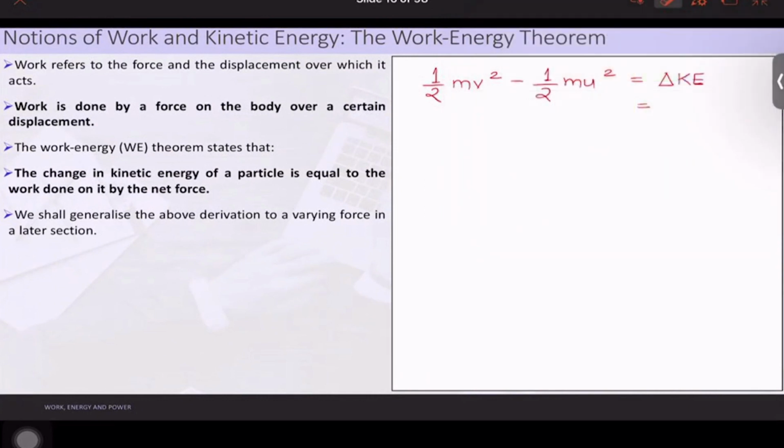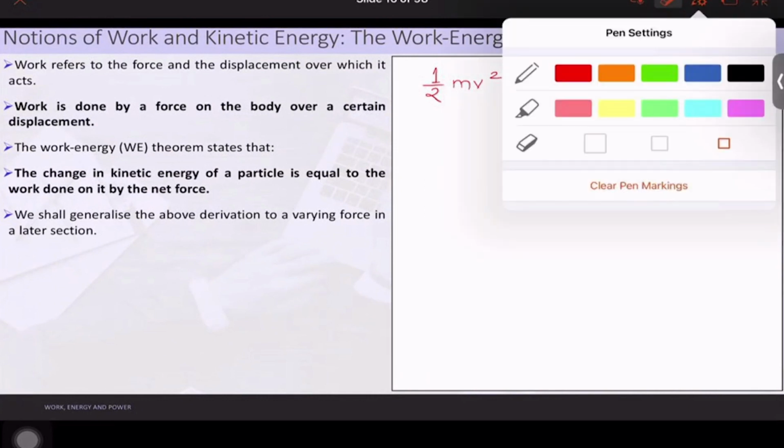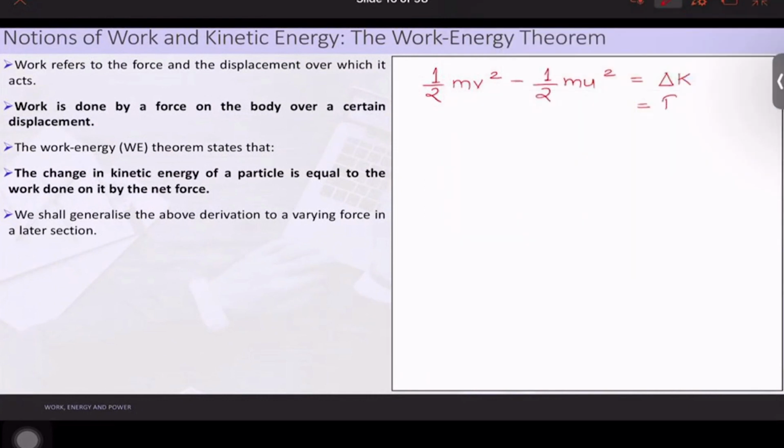So let me write it as delta K only, which is nothing but equal to F dot D. So it can also be written as magnitude of F into magnitude of D into cos theta. Right? So that is the complete formulation which we understood in the previous section.